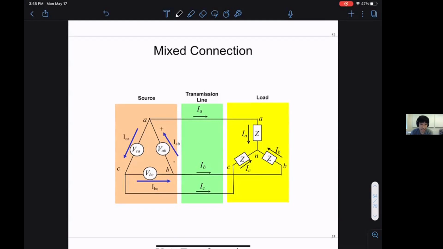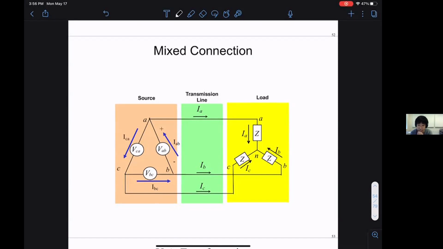So any ideas of what to do when you have this type of system? Say your source is delta, but your load is Y. What is the easy trick here?